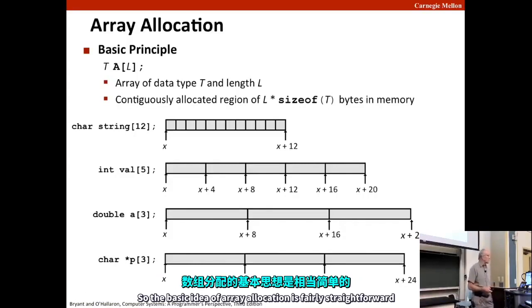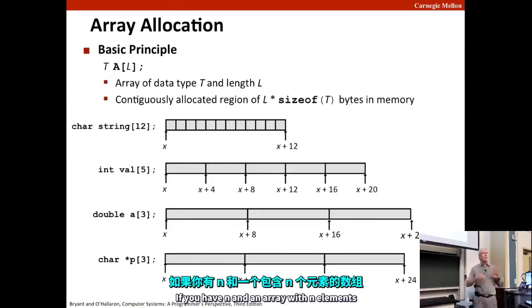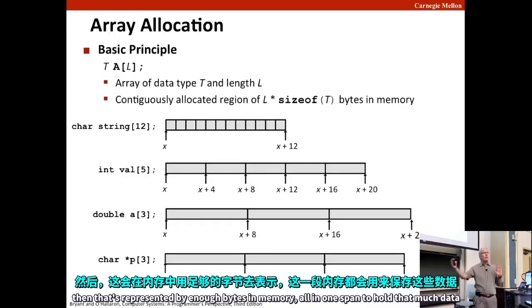So the basic idea of array allocation is fairly straightforward. If you have an array with n elements, then that's represented by enough bytes in memory all in one span to hold that much data.